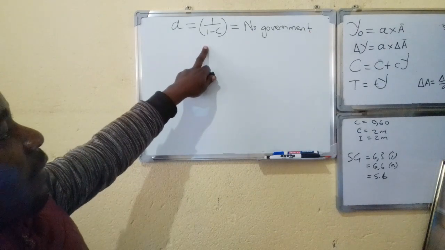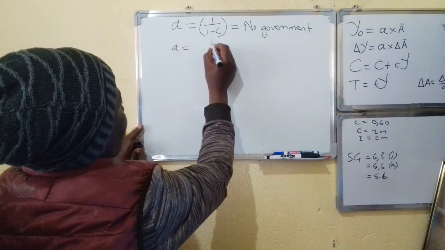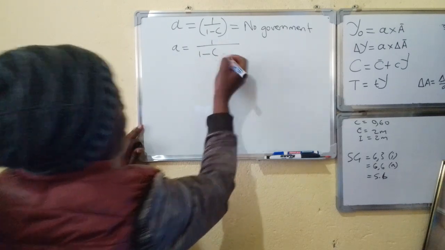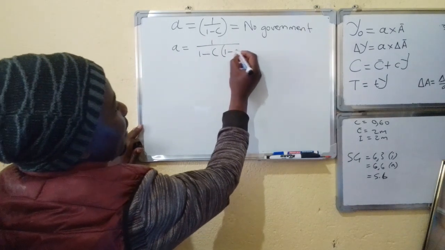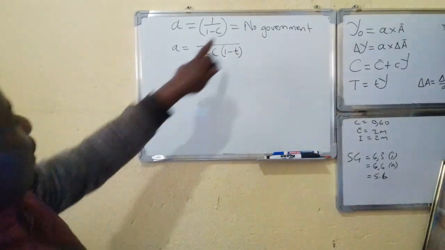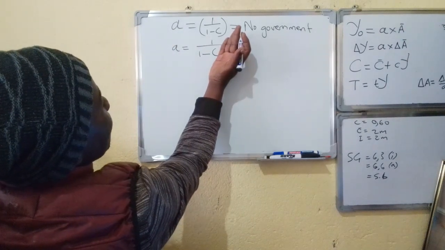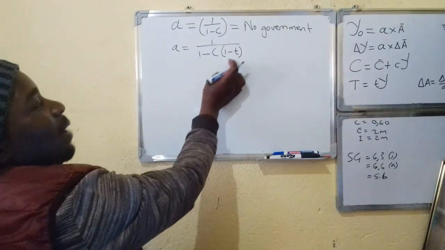It's a multiplier without the government. It's still the same multiplier, but we are adding the government, which is 1 minus tax. Can you see? It's still the same multiplier. If you cancel the taxes, can you see still the same thing? You only add a bracket of tax, 1 minus T, with government.